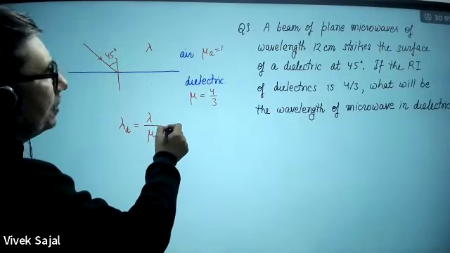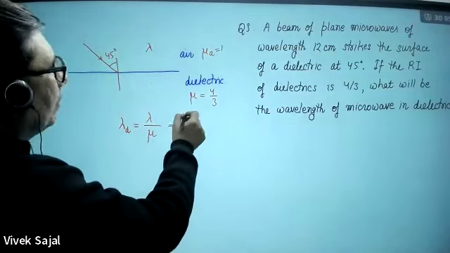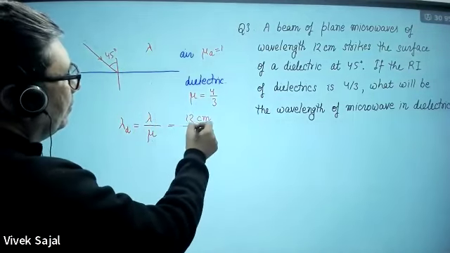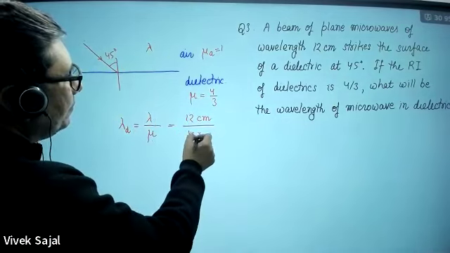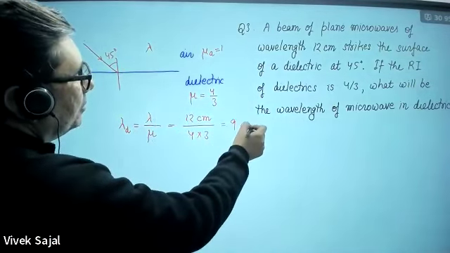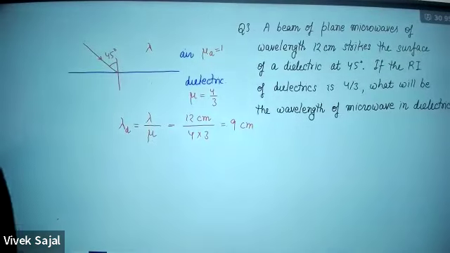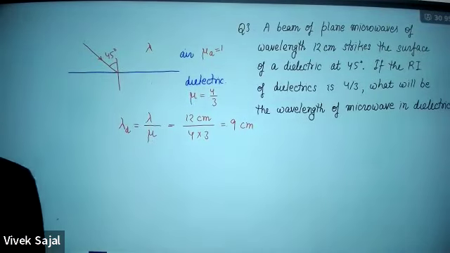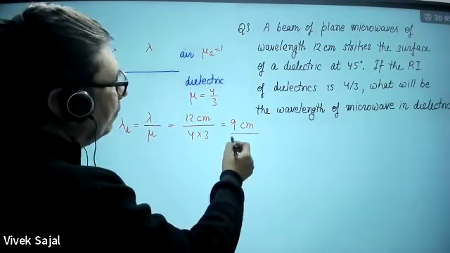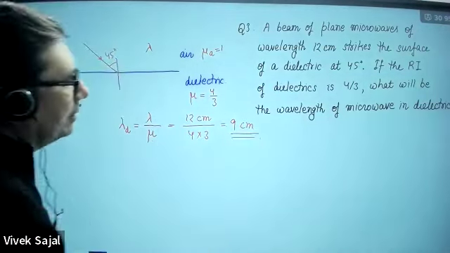Lambda is 12 centimeter, and mu is 4 by 3. So this will be 9 centimeter. So this should be the wavelength of the microwave in the dielectric.